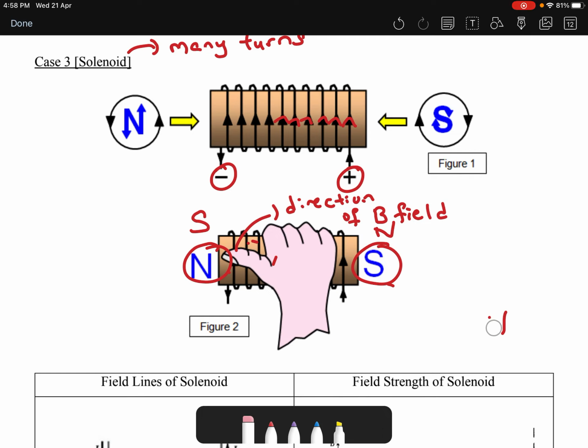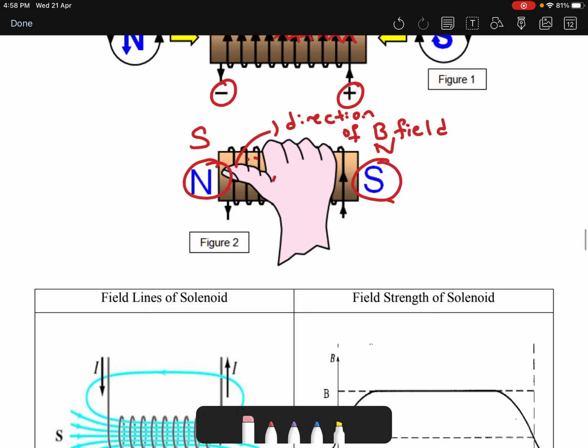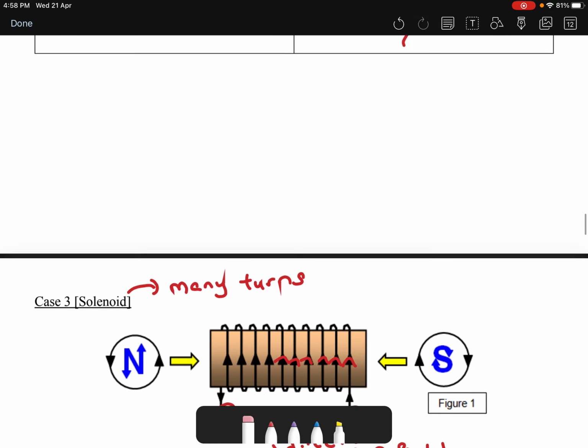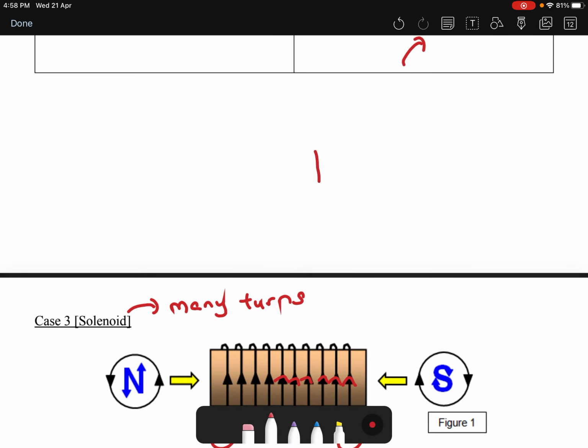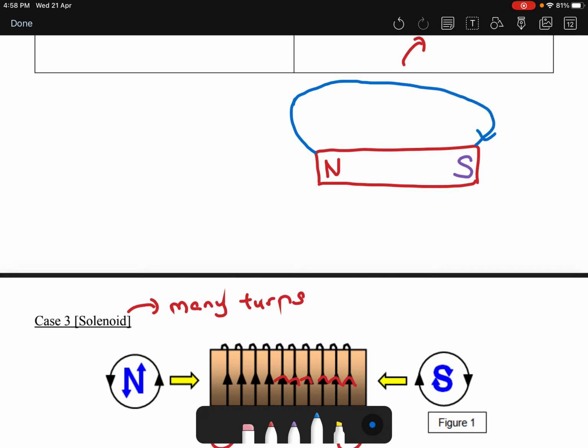Actually, for this, you must treat the solenoid as the internal of a magnet. So what do I mean? Maybe I draw here. If you have a magnet where this is north and this is south, we determine that the field lines go from north to south.